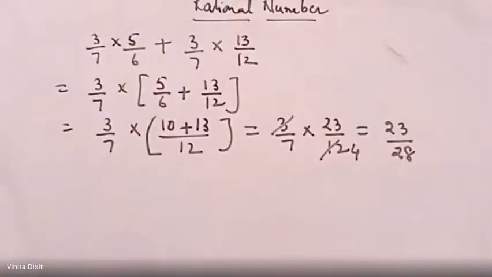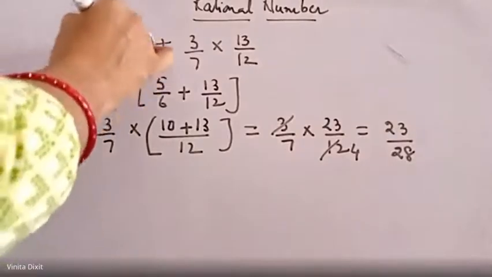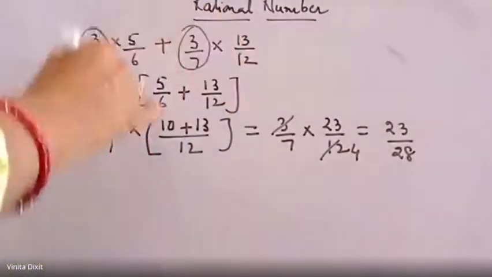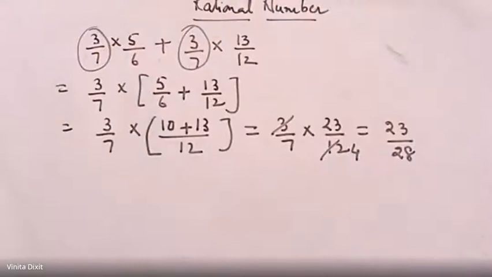So the final answer is 23 by 28. This is how we do distributive law. We see the number which is being repeated and take it out common, and then the remaining numbers are added or subtracted according to the sign, right?